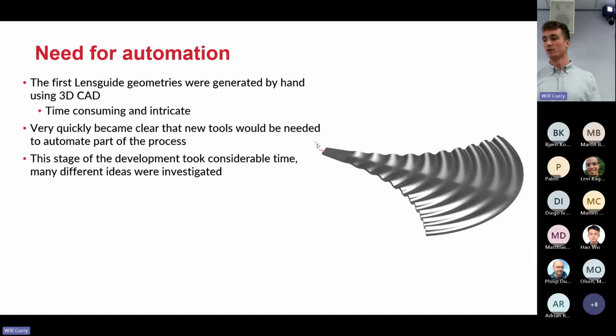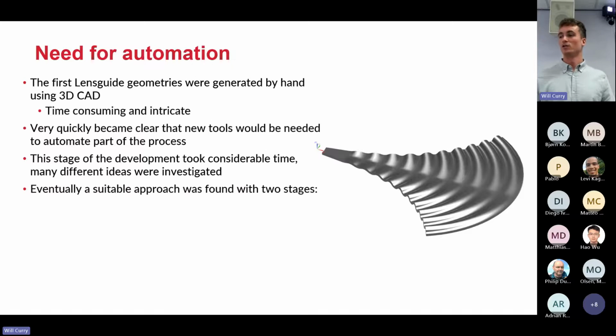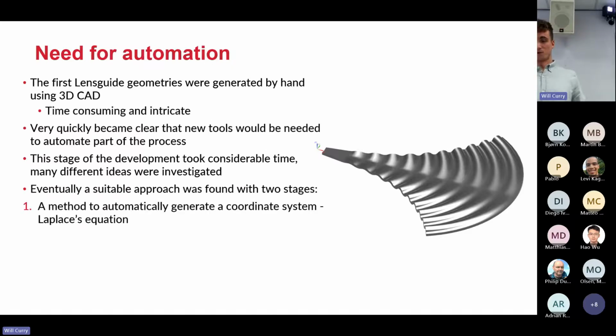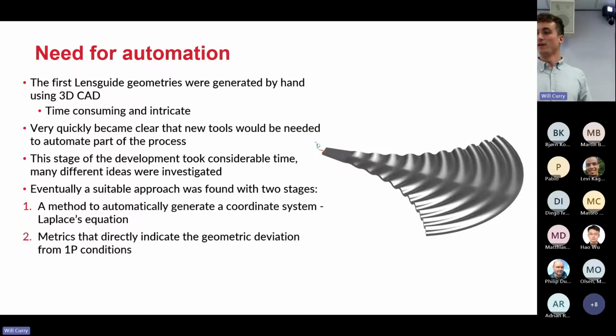Loads and loads of different ideas were investigated, but eventually a suitable approach was found with 2 stages. So the first is a method for automatically generating a coordinate system moving through a geometry, and this was done using Laplace's equation. And the next are some metrics that directly indicate the geometric deviation from the condition for 1P waves.